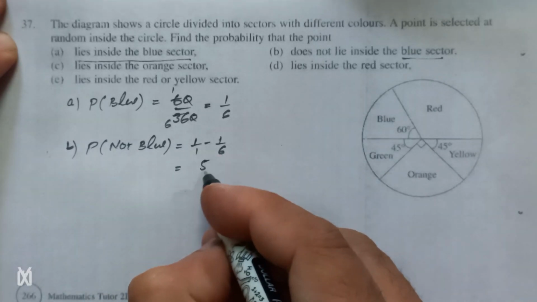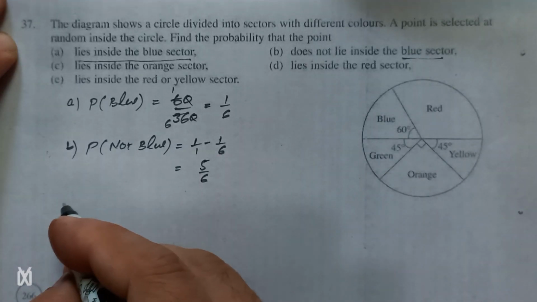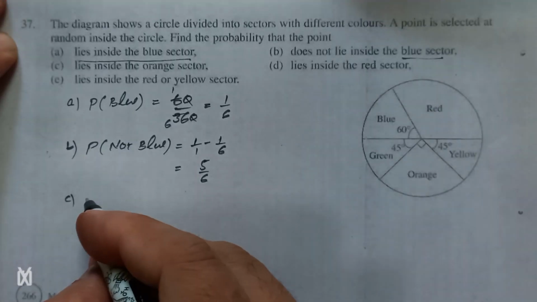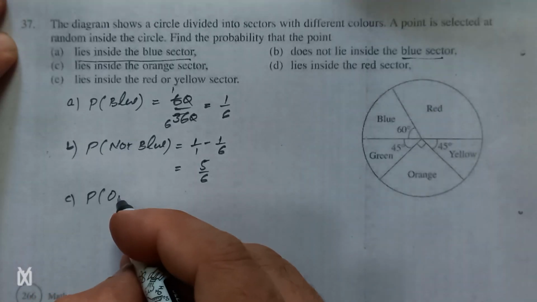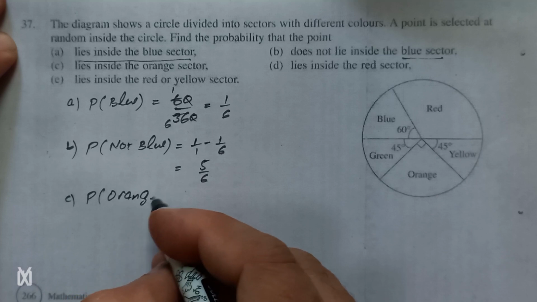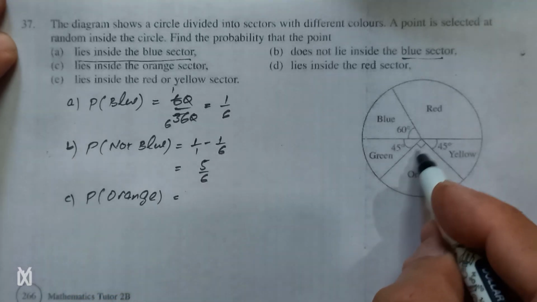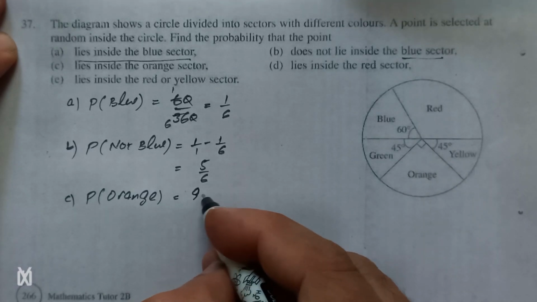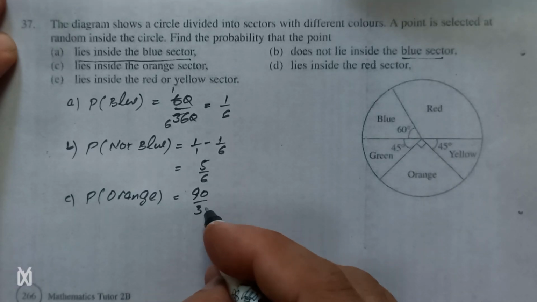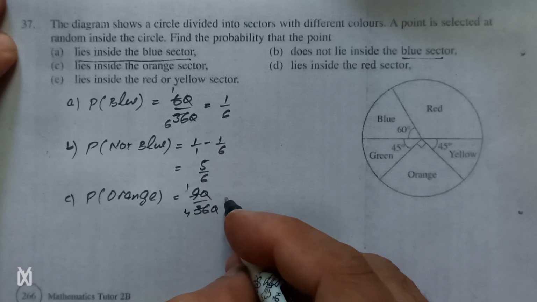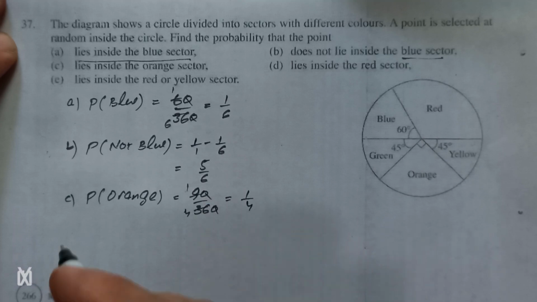Answer will be 5 by 6. C part, lies inside the orange. Probability of orange. Orange angle is 90 degrees, total is 360. 0 will be cancelled, 9 ones are 9, 9 fours are 36. So 1 by 4 is the answer.